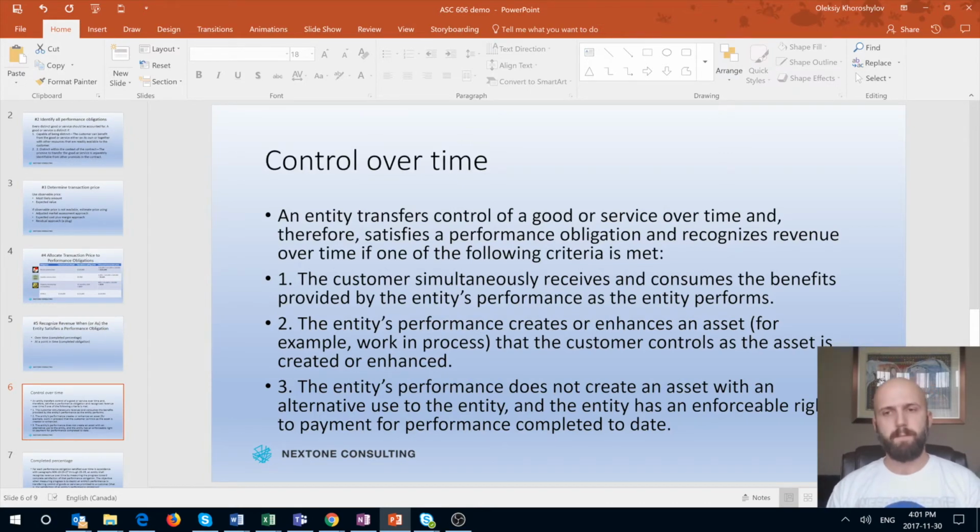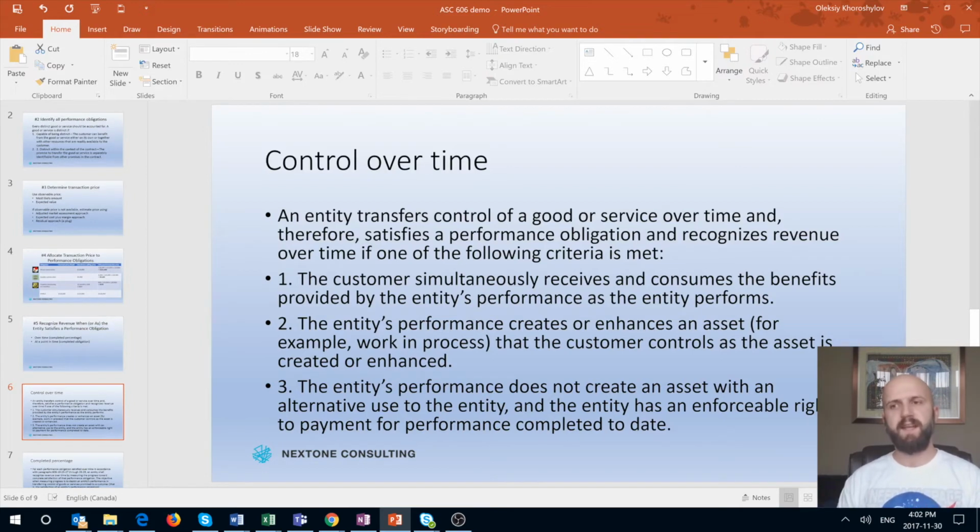The second criteria here is that the entity's performance creates or enhances an asset that the customer controls. A good example of that would be building a custom house for a customer on the customer's land, because the customer controls the land, therefore they control an asset that is being built on that land.